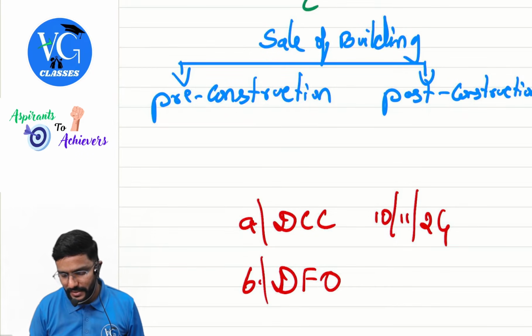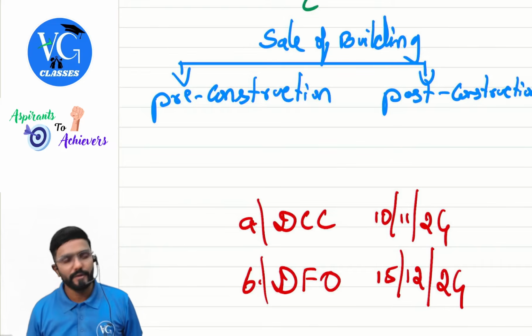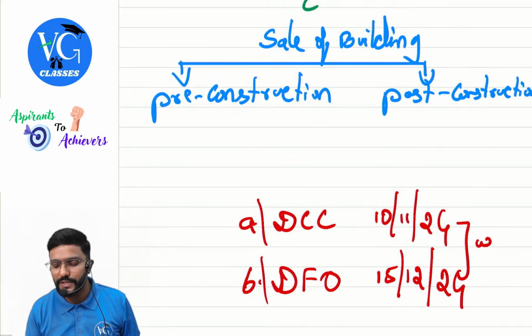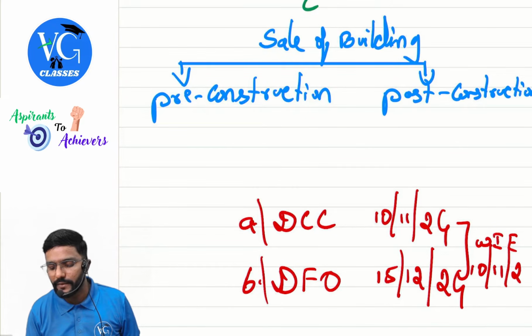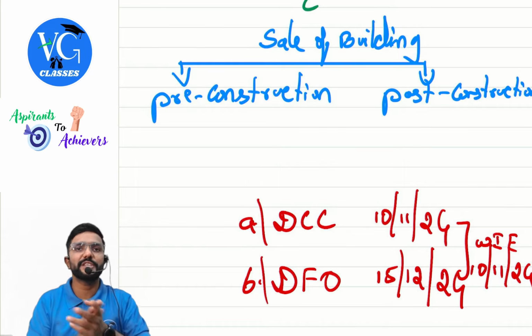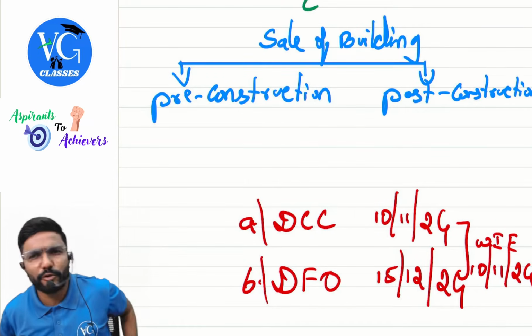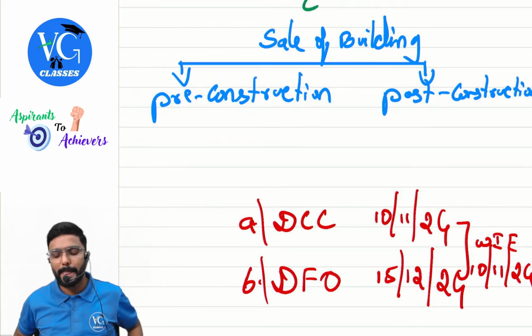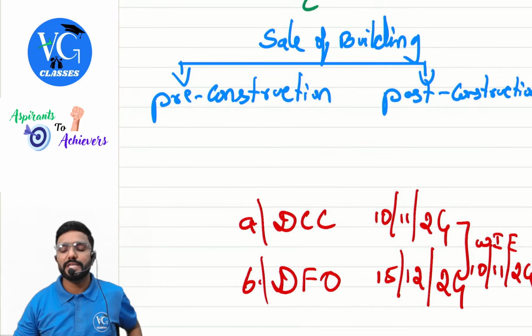Let me take it as 15th December 24, guys. Whichever is earlier, which is 10th November 24. Date of first occupation or date of obtaining completion certificate. Yes, who will obtain this? Builder. Okay. Whichever is earlier, 10th November 24. Guys, listen.